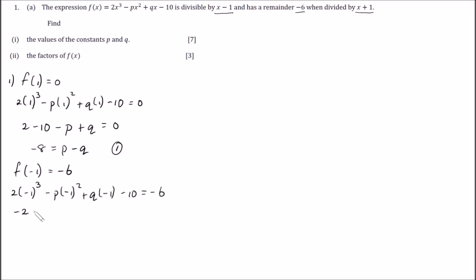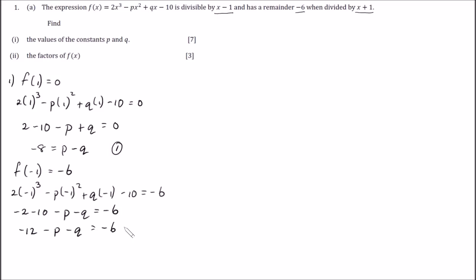Putting my constants together again, −10. (−1) squared is positive 1, so this will be −p, and this gives me −q = −6. So −12 − p − q = −6.